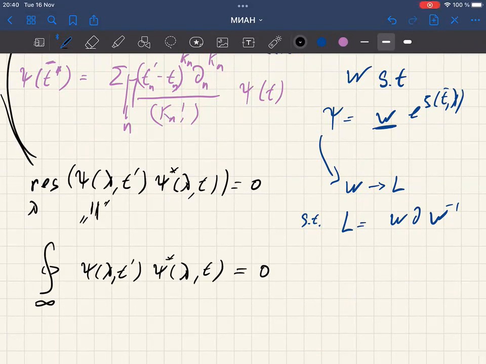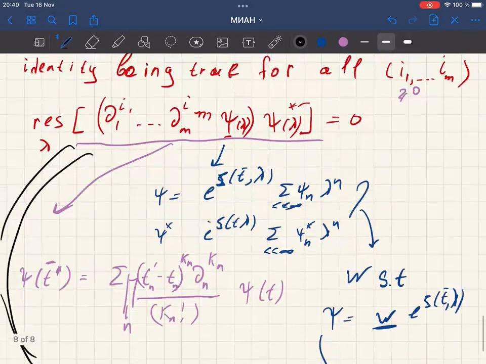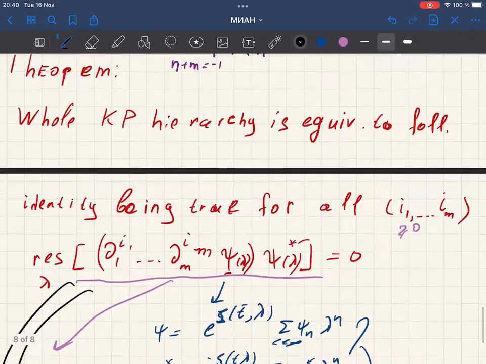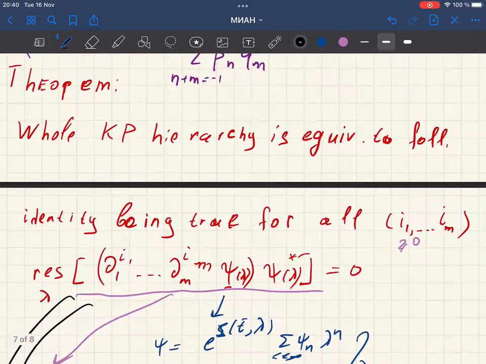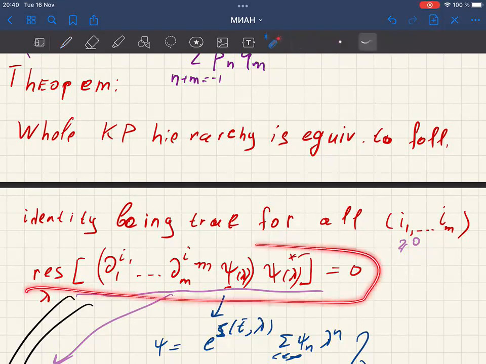Okay, but the same can be said directly about the theory, because first of all, you do not know if these psi's exist. Why do you know that you can write any condition and it is fulfilled? Why? I don't know, but I said just that if psi and the Baker-Akhiezer function exist, they should satisfy this equation.